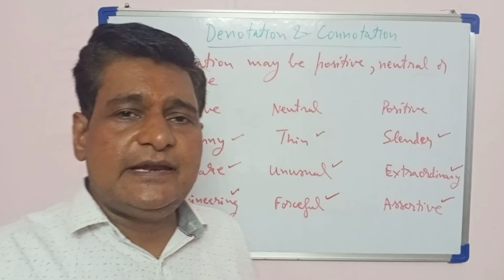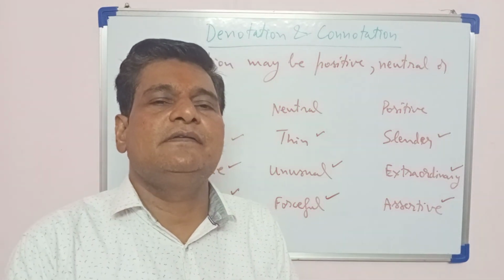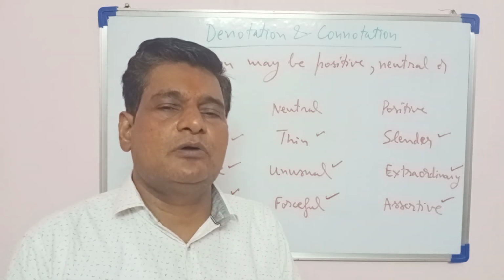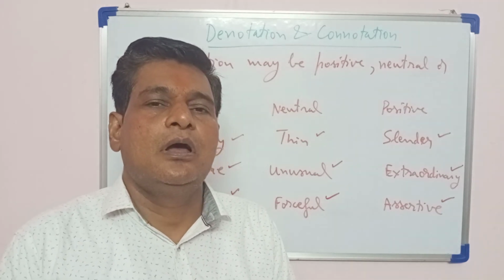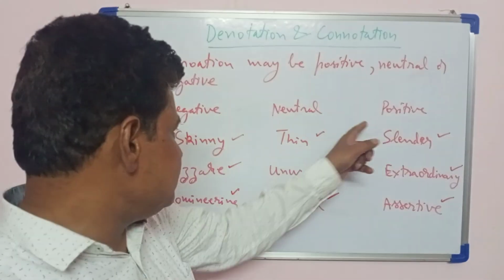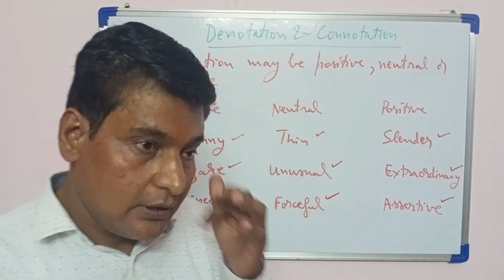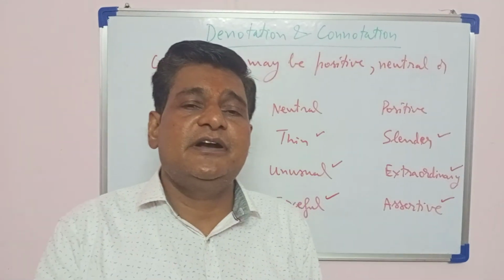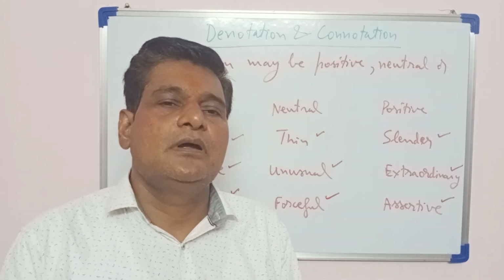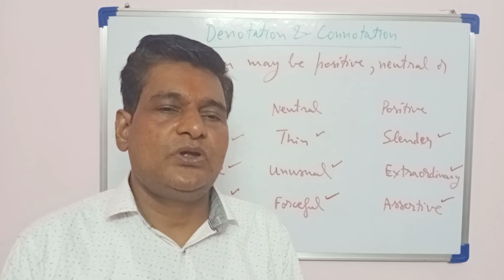So you can easily understand how connotation has widely different meanings, and using a proper connotation for a word is a must for you. Otherwise, instead of giving a positive, you may give a negative meaning, if you don't know the difference between the different types of connotations, because a word may have different meanings in terms of connotation.